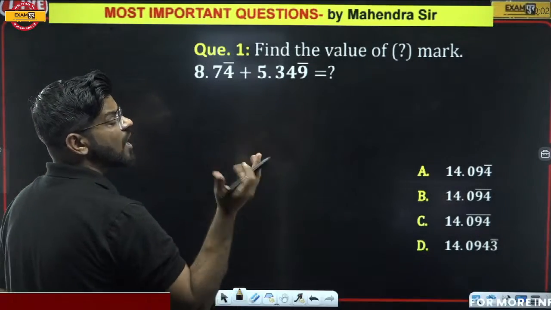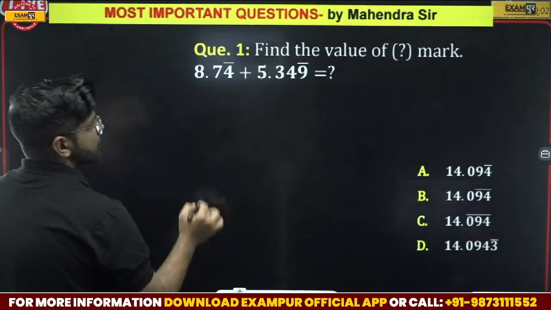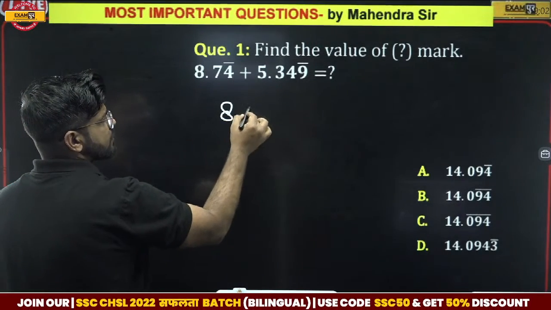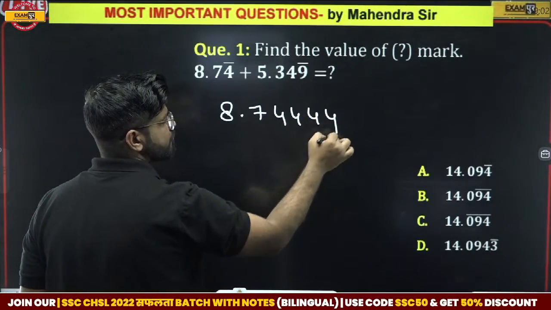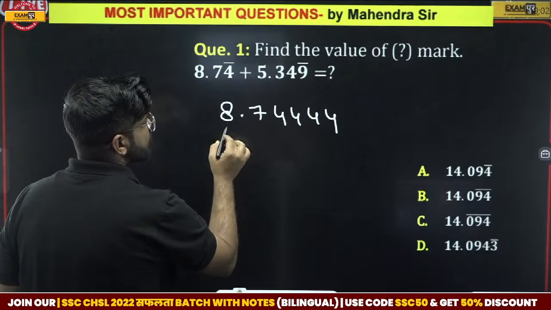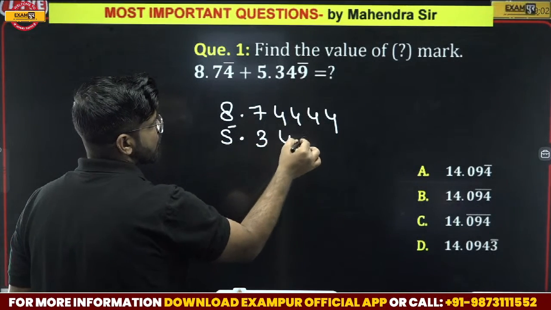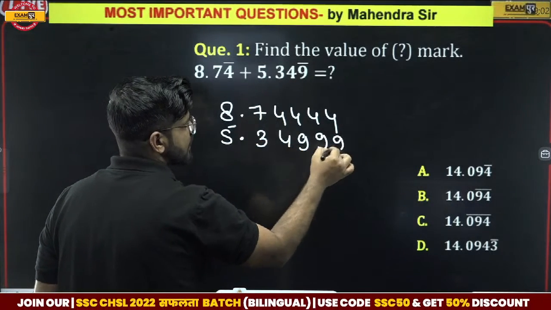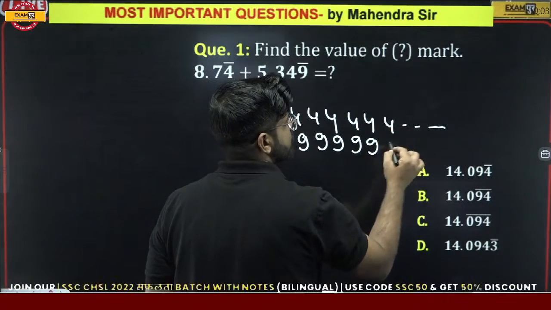So how do we have to solve these? Just write it: 8.74 and 4 and 4, right? Clear? And again, we can write this as 5.34999, and this will continue so on, right?